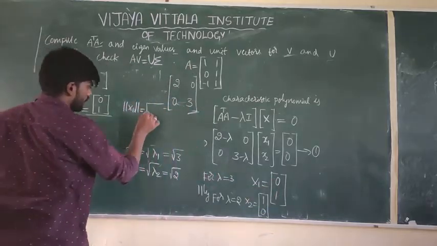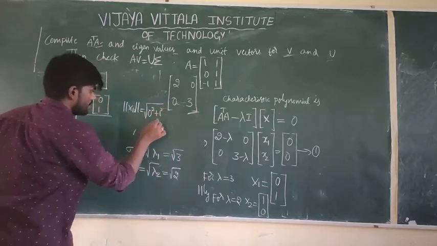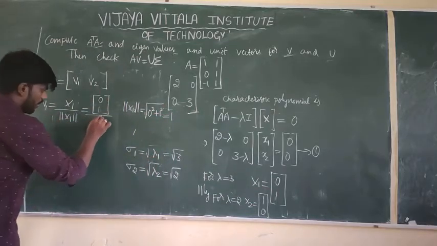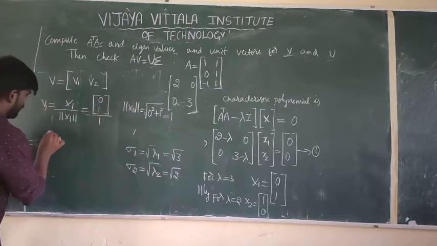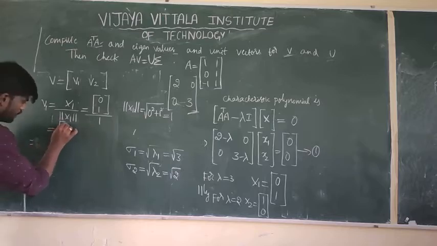The sum of squares of each element is 0 square plus 1 square, which is equals to 1. Therefore, norm x1 is 1. The unit vector v1 is 0, 1.